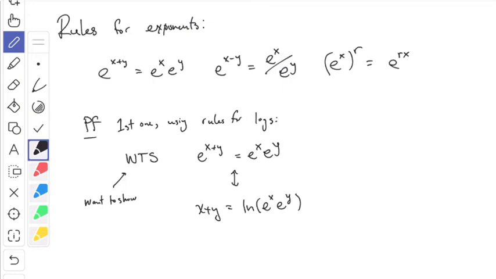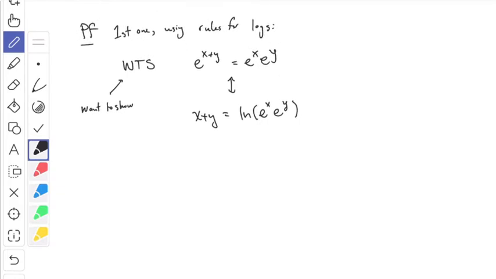If you take the ln on both sides, on the left you can cancel it because it'll be just ln of e to something. On the right, you get this more complicated, weird looking thing. But is there anything we can do to the right hand side? Can you simplify that at all?